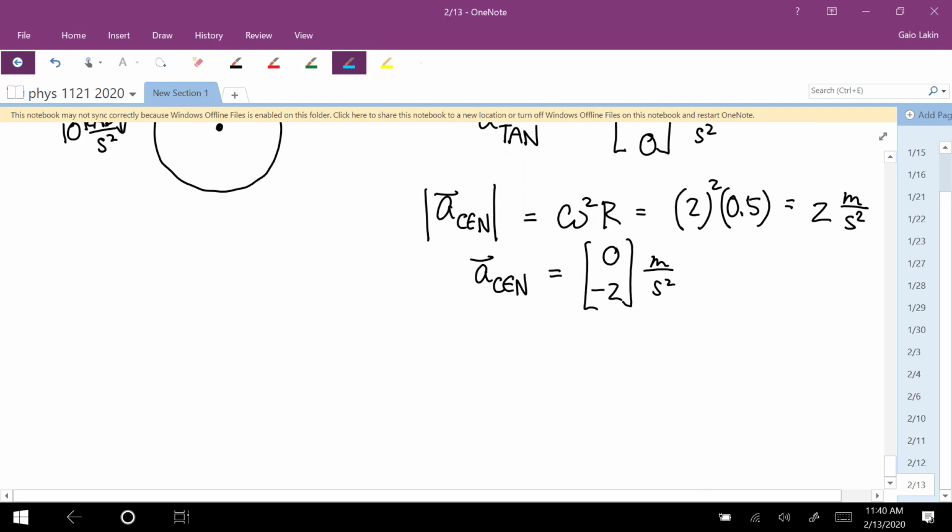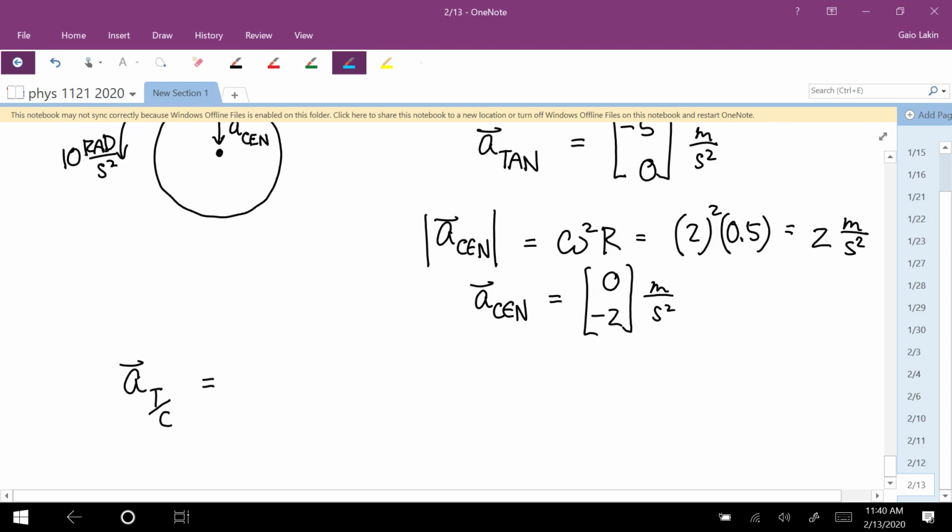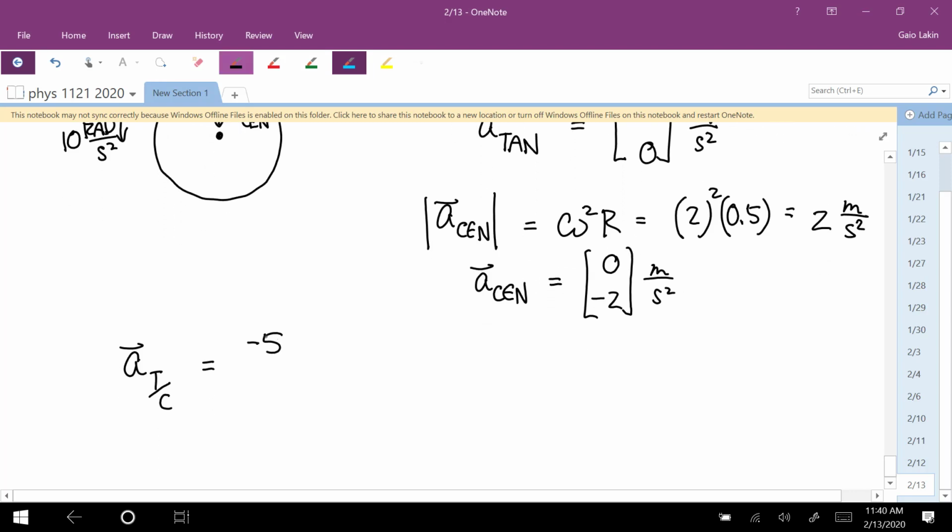And now we can put those together and we get that the acceleration of the top relative to the center, that's the one that we're getting with circular motion, is equal to -5, -2 meters per second squared.